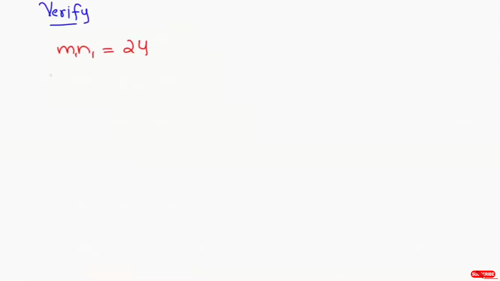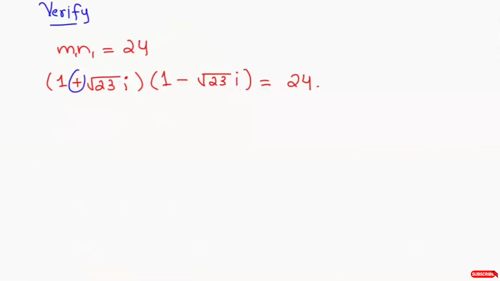So I'm going to plug in 1 plus root of 23 iota times 1 minus root of 23 iota is equals to 24. Now here we have the positive and negative signs. I'm going to apply here the algebraic identity, that is a plus b and a minus b can be written as a square minus b square. So this is our a and this is our b value.